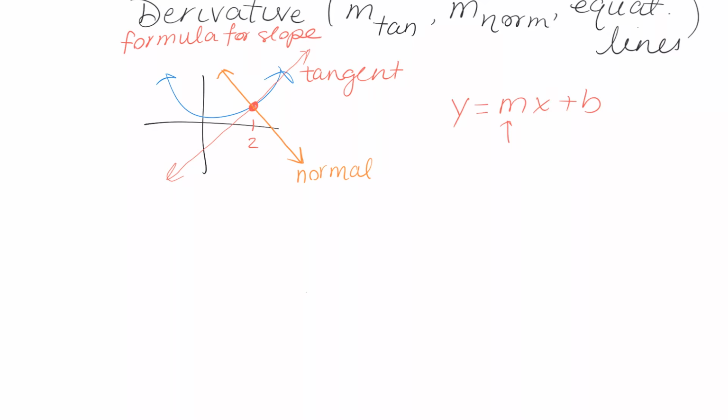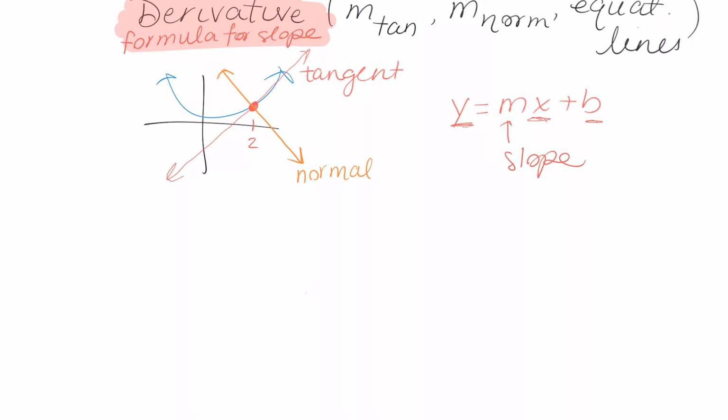That's what a derivative is. So knowing that, we can use that derivative to find the slope of the tangent line, because we know what our x is. We can use x to find y from our original function. We can use our derivative by plugging in that x to find the slope, and then we can solve for the y-intercept.